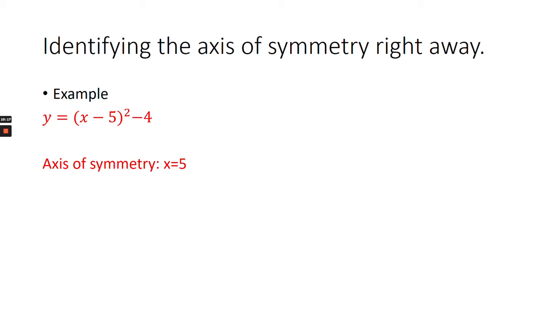It's going to be x equals whatever your x value is on your vertex. So for example, in this case, our vertex x value is 5, so our axis of symmetry is x equals 5. If our x value was negative 7, then our axis of symmetry would just be x equals negative 7.